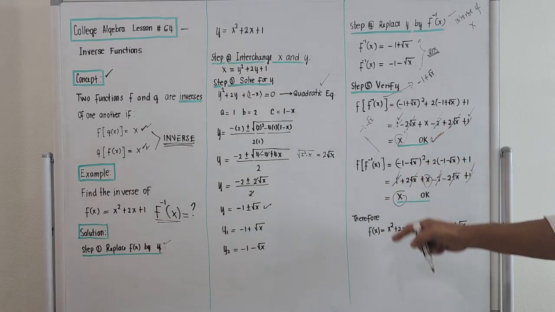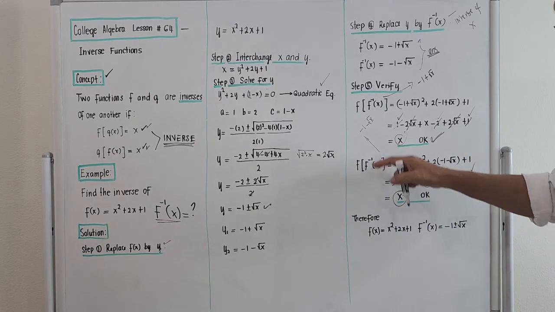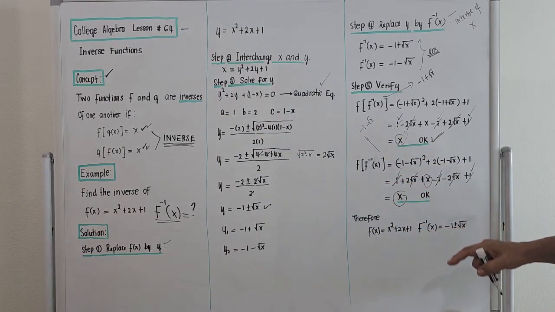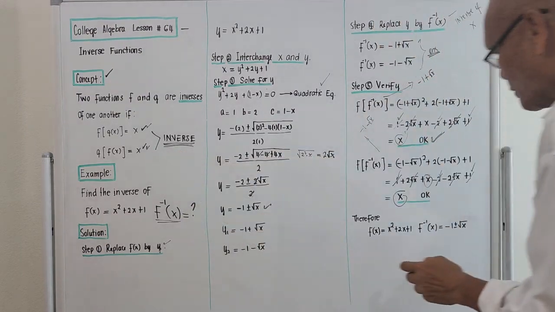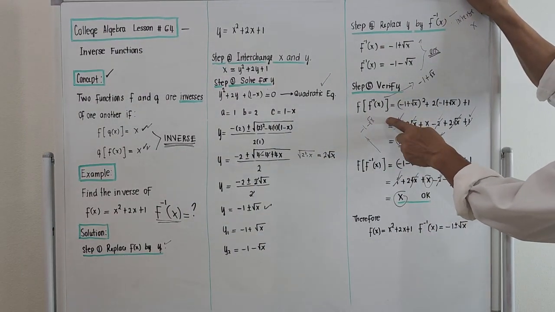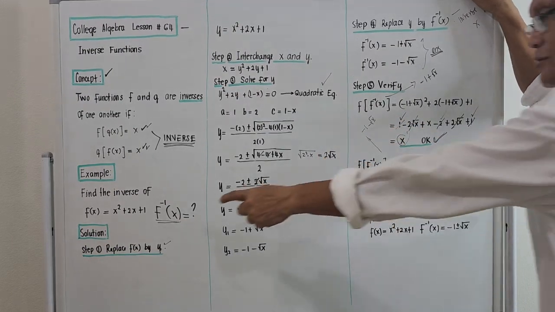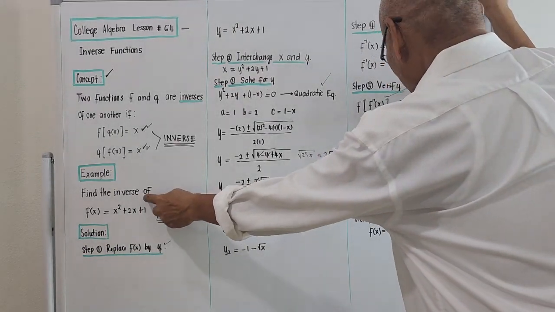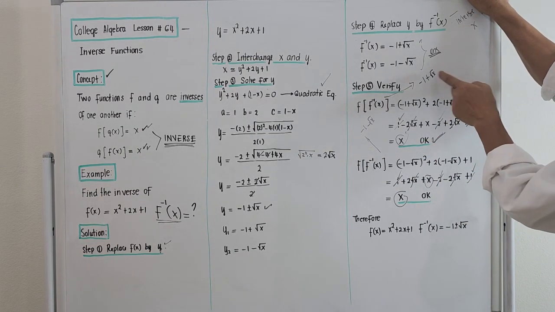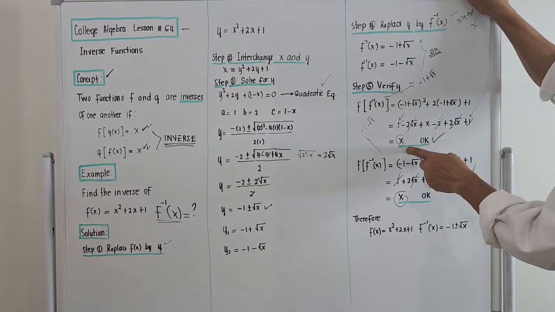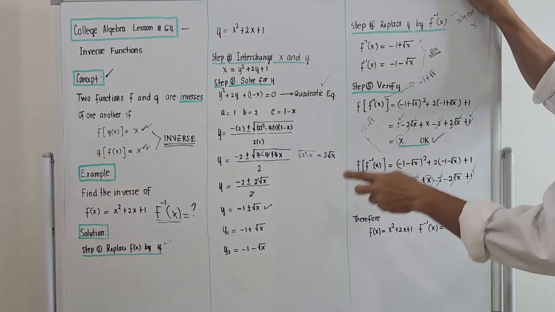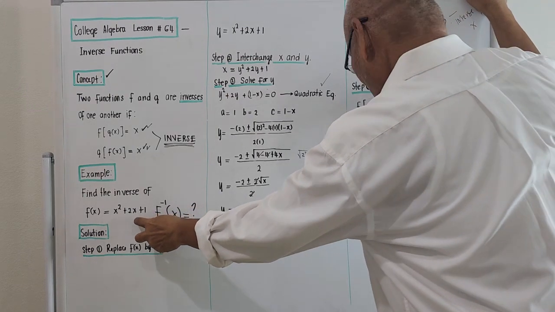So after the substitution of the second value of the inverse function on the given original function, what comes out is still x. So we could say that the second inverse function, minus 1 minus the square root of x, is actually the inverse of the given quadratic equation. Even on the first value, negative 1 plus the square root of x, what comes out is still x. So the first is also an inverse function of the given quadratic equation.